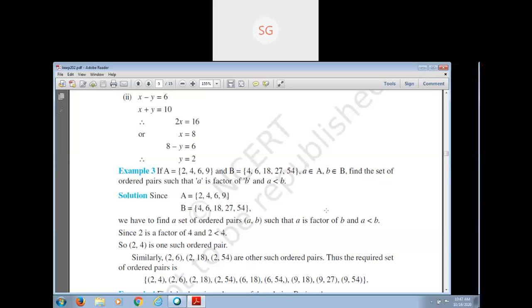Okay. Similarly, you can start for 4 also. When we take 4, then what are the ordered pairs? (4, 4), (4, 6). (4, 4) will not come because this condition is also there: A is less than B. If we write (4, 4), then A and B are equal.